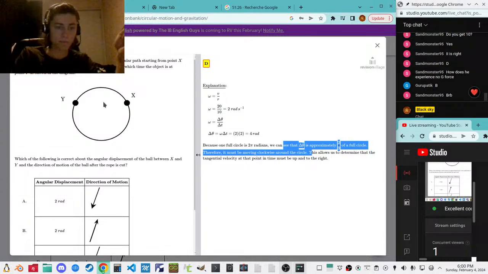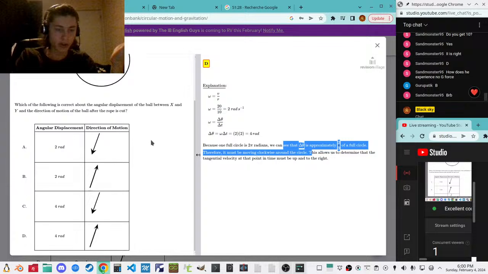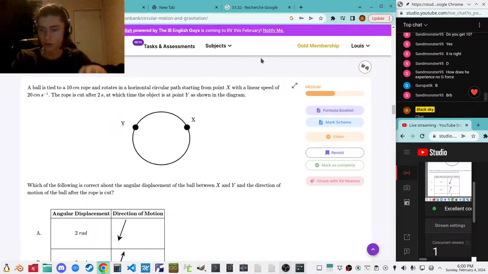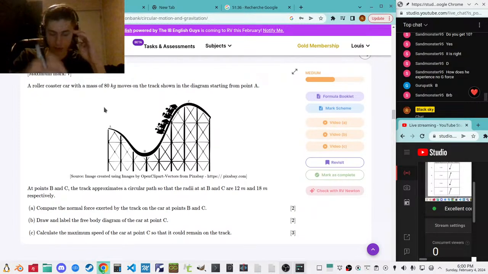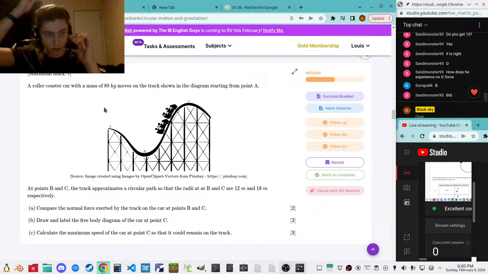Doesn't it just do that, and then gets cut? Why would it ever go in the opposite direction? Okay, it's probably something with the question I'm not understanding, but it's not how things work.